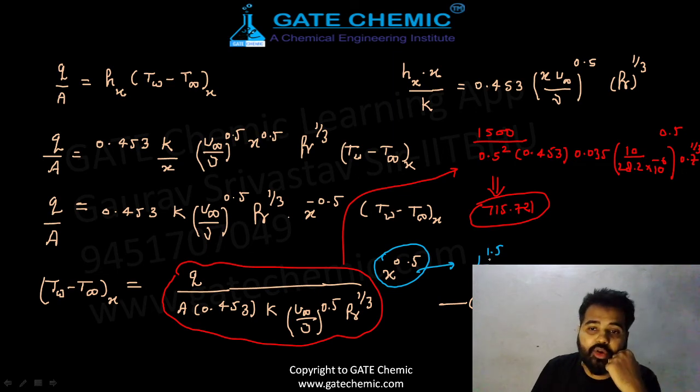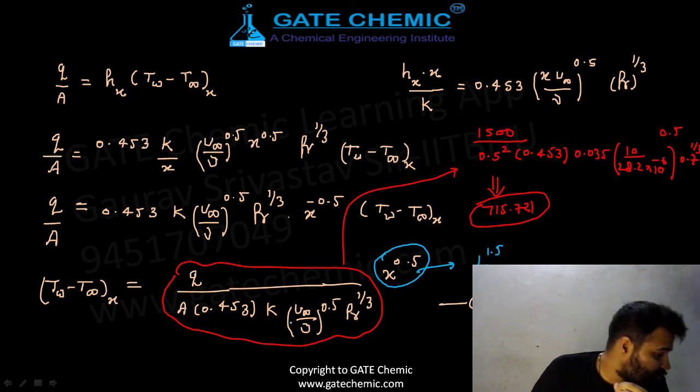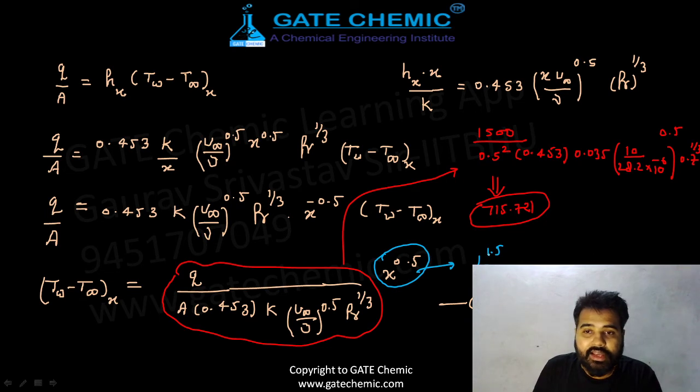You got L to the power 1.5 by 1.5. Everyone clear? So this L to the power 1.5 can be written as what? L to the power minus 1.5 in the denominator. Do you understand? You can write it as L into L to the power 0.5.